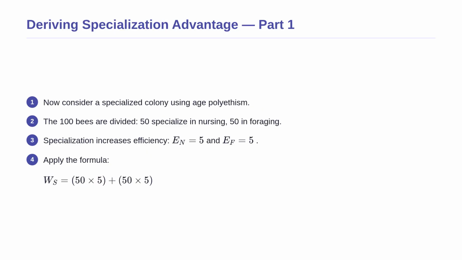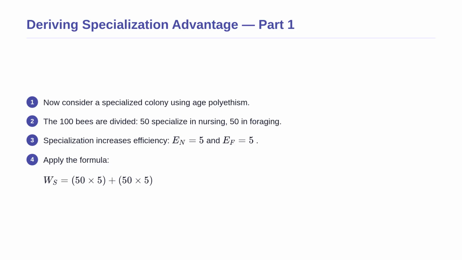Now that we have our baseline, let us prove mathematically why polyethism is superior. We will calculate the output for the same colony, but this time utilizing age polyethism. The 100 bees are now divided into 2 dedicated groups, 50 young nurses and 50 older foragers.